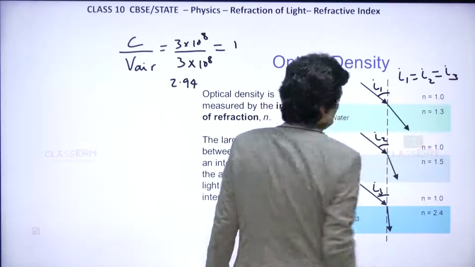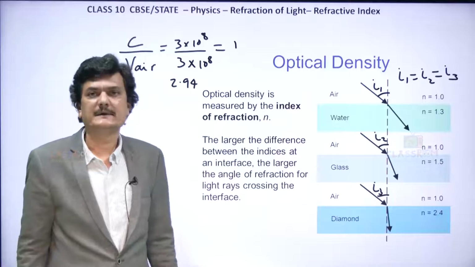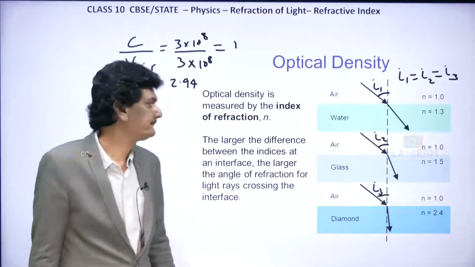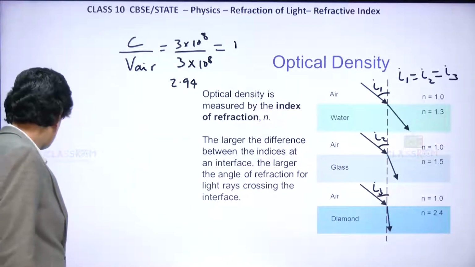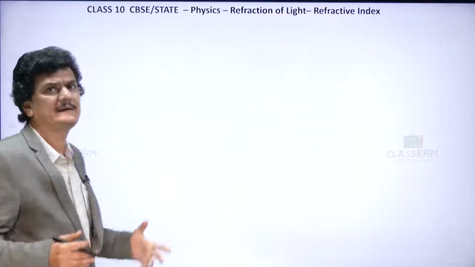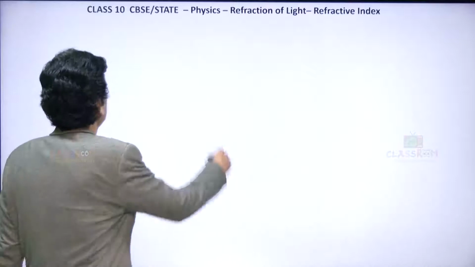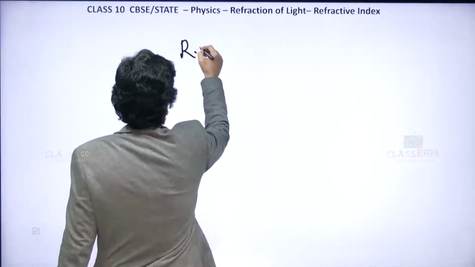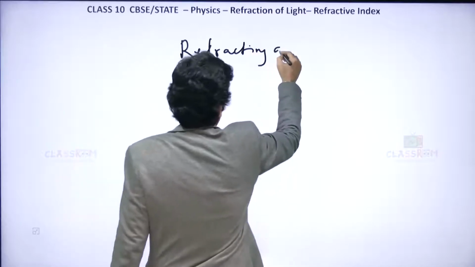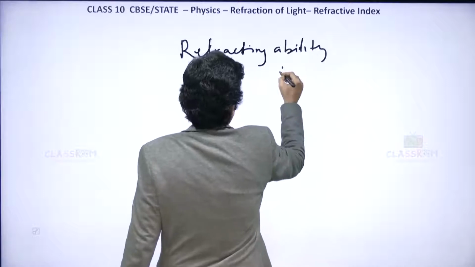For the same angle of incidence, the bending is maximum in diamond, because its refractive index is very high. So, refractive index indicates the refracting ability. What does refractive index indicate? It indicates the refracting ability of a given transparent material.